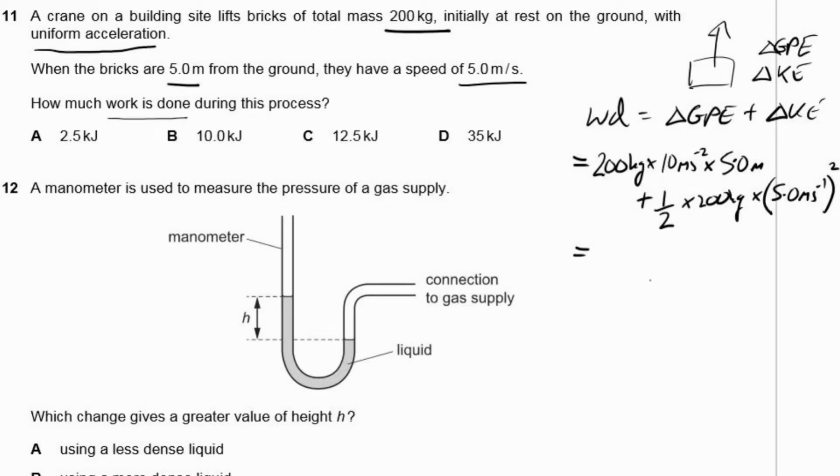Excellent. And if I put all that information in, then I'm going to get a value of 12,500 joules, or 12.5 kilojoules. Excellent. And that is option C.